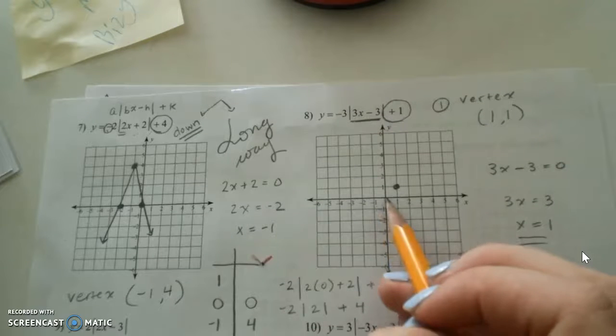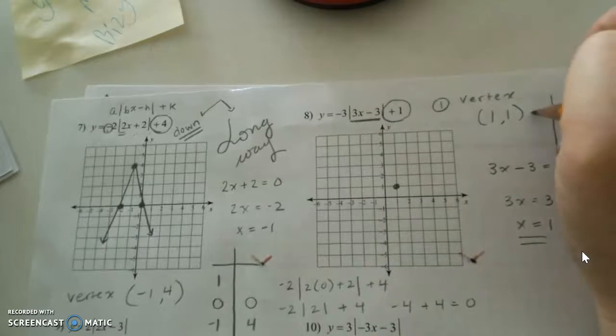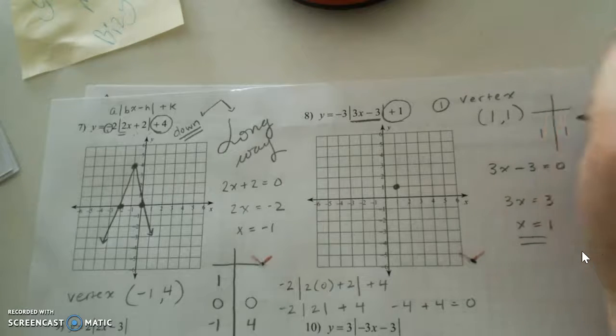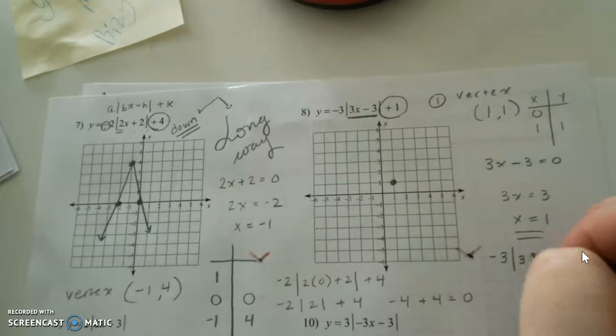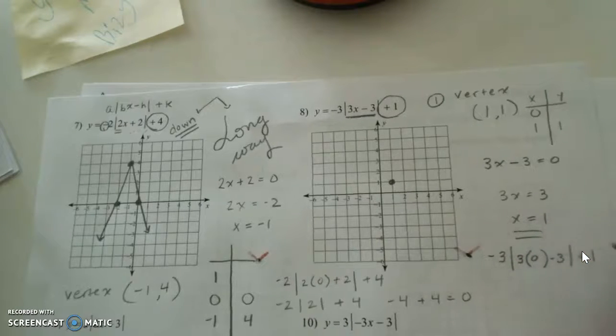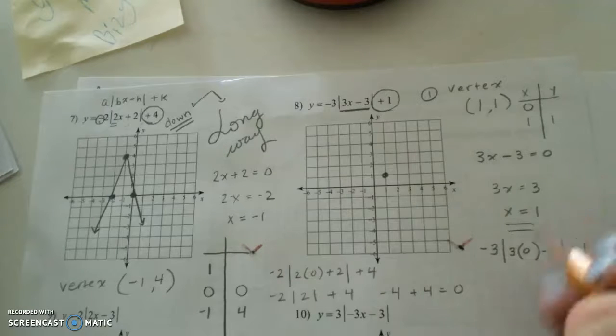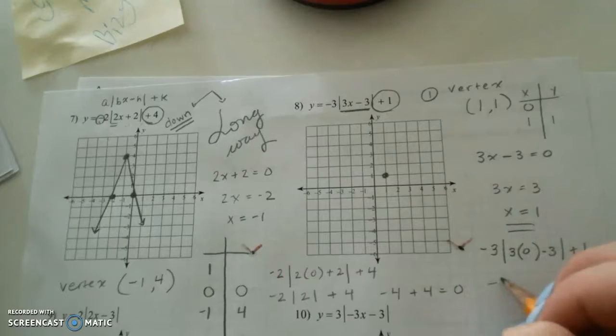Now I'm going to see what I get if I plug 0 in. Okay, so I already have 1, 1. I'm going to plug in 0. So, -3 times the absolute value of 3 times 0 minus 3, plus 1. 3 times 0 minus 3 is -3.